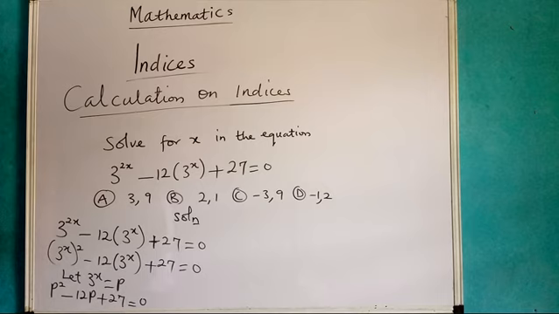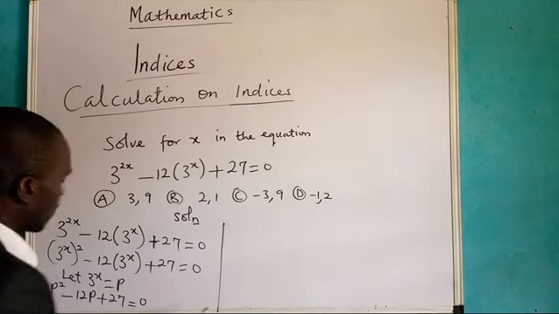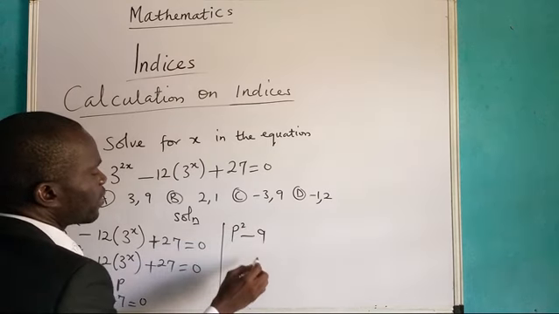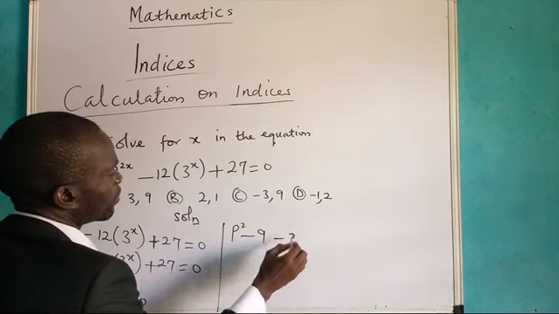We need to factorize. I need to think of two numbers I can add up to give me the coefficient of p, and when I multiply those same two numbers, I will have plus 27. We simply have minus 9 and minus 3.